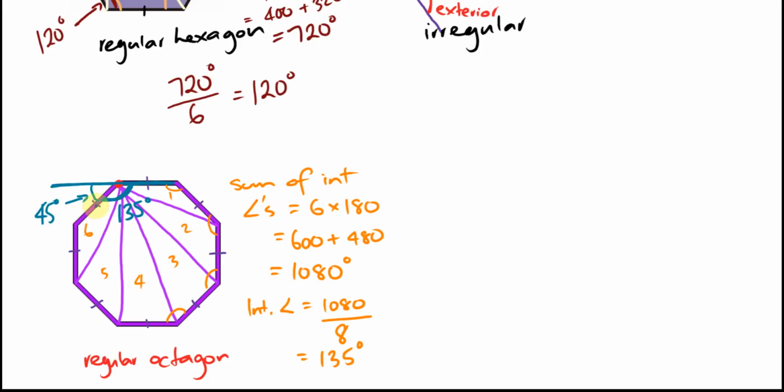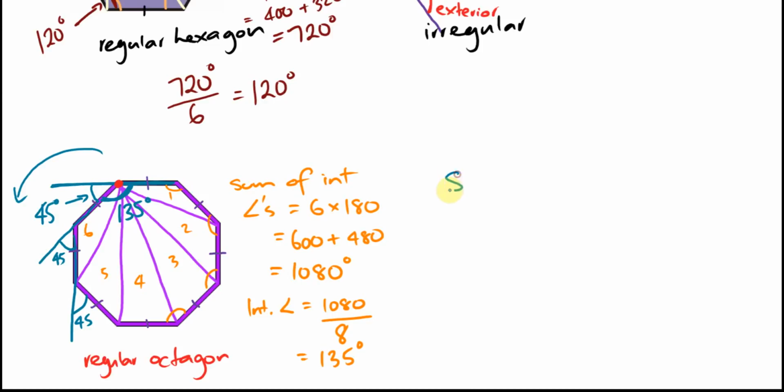And if you were to extend out all the sides, so we're moving in this direction here, you'd get 45 there. Extending this side out, exterior angle is 45. So you're going to end up with 8 exterior angles, each of them being 45.